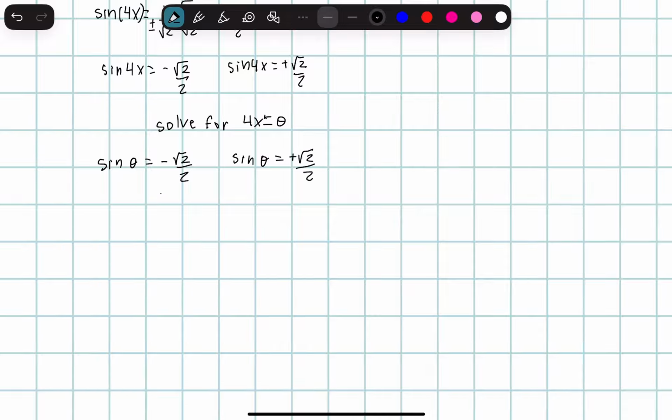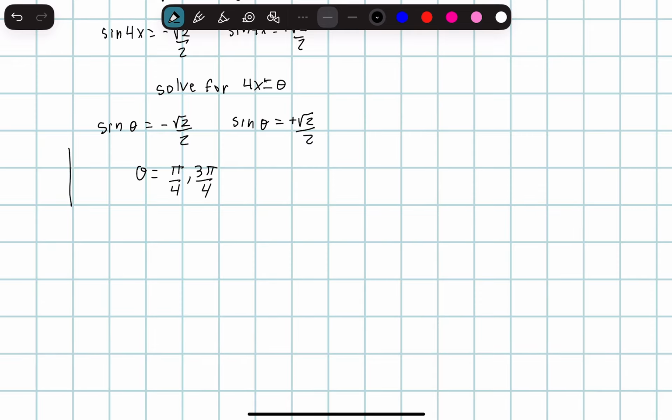Theta is equal to pi over 4, 3 pi over 4. It's just easier to visualize this way, and you can draw that out if you want. Pi over 4 is 45 degrees, and 3 pi over 4 is 135.